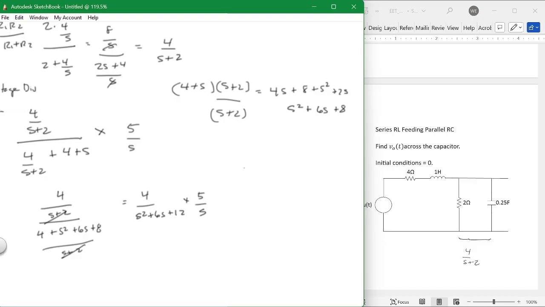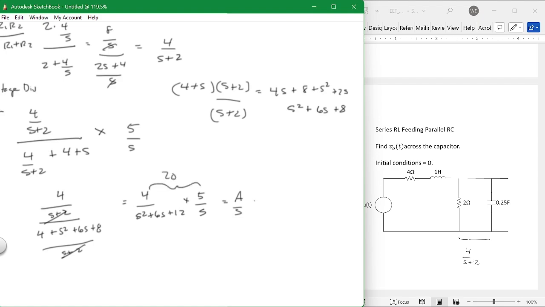Okay, so now I've got to find, quadratic equation time. So what is the quadratic equation of this? B is 6, C is 12, and I got to come up with my answer. So it is equal to A over S. So this is equal to 20, right? 20 over this.